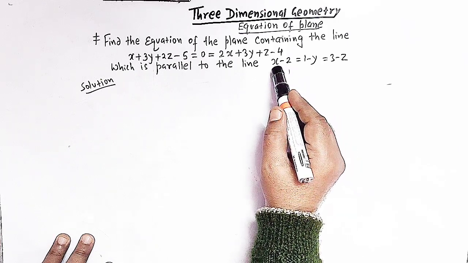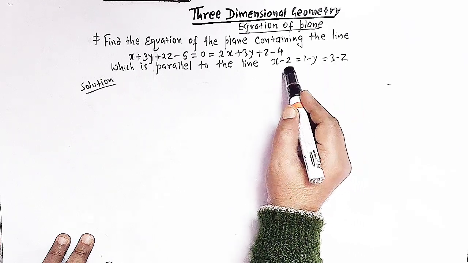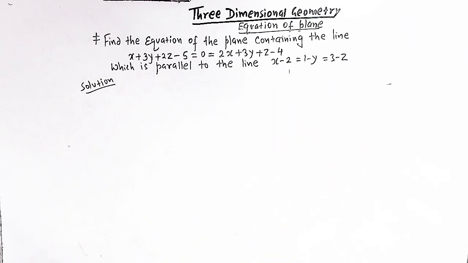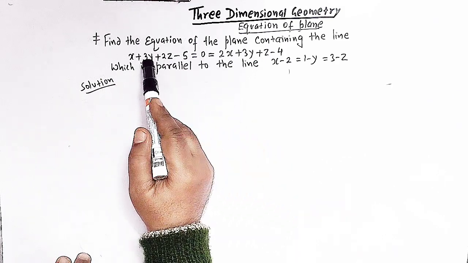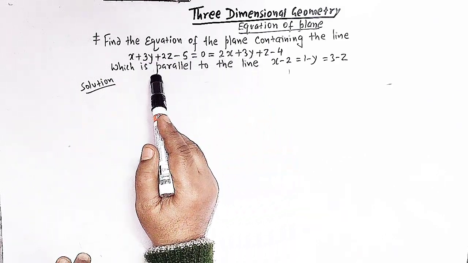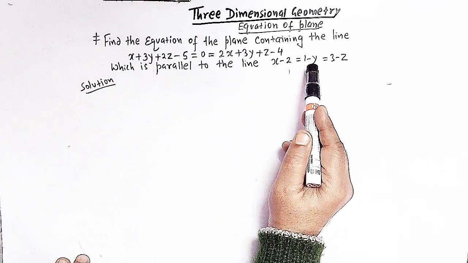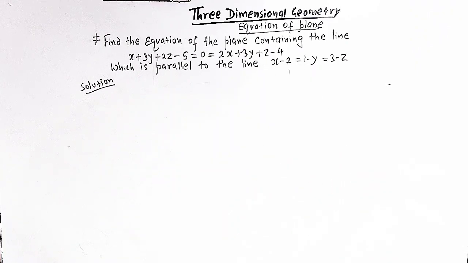And later on we'll also modify this equation. Okay, so now here we have to find the equation of a plane which contains this line and which is parallel to this line.